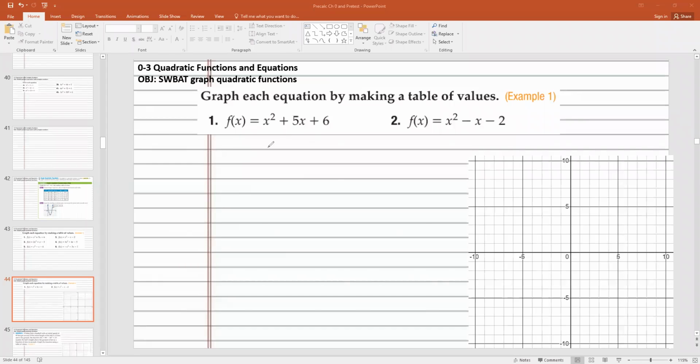So let's do that. Let's make a table. You can make it horizontal, vertical, whatever. So here we're going to have our table like that. X, here's the Y's. You're just going to choose some values.